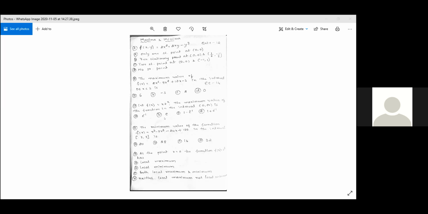After knowing at which point the function attains its maximum, find the value of the function at that maximum point, and then find the value of the function at the end points 0 and infinity also. Then compare all the values and conclude which is the maximum value.